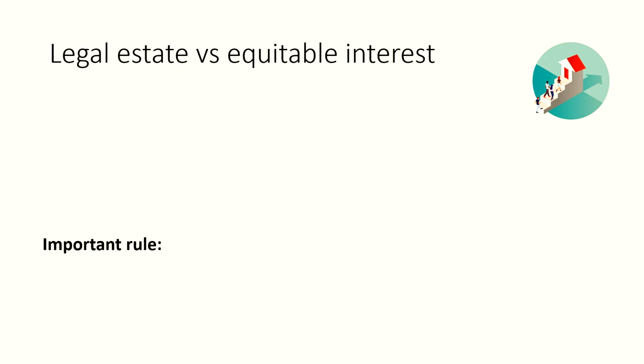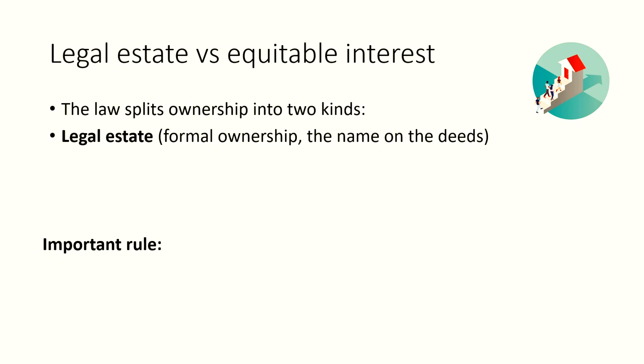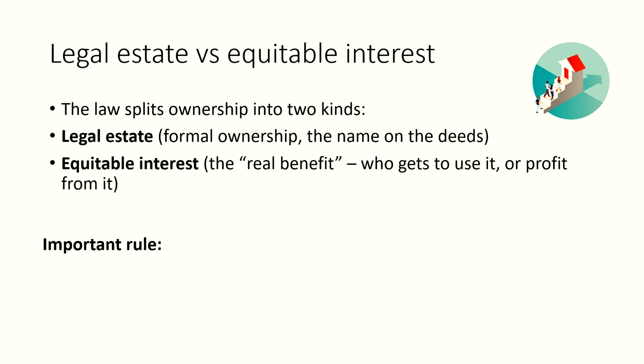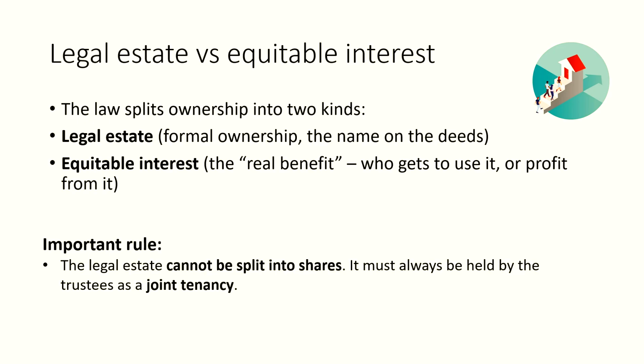So now we have another important distinction to make, and that is with legal estates and equitable interests and types of tenancies. As we've seen, the law splits ownership into two kinds: the legal estate, with the formal ownership, and the equitable interest, so who actually gets to use it, who actually has the entitlement to the real benefits, okay?